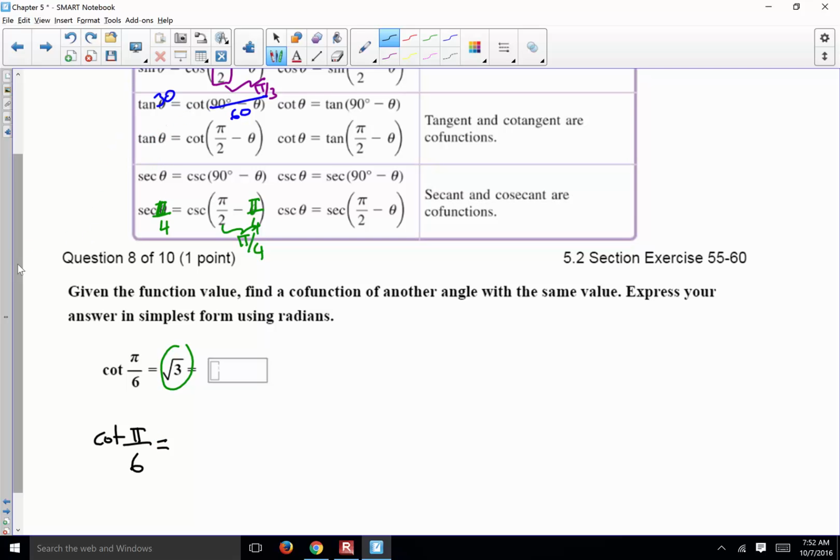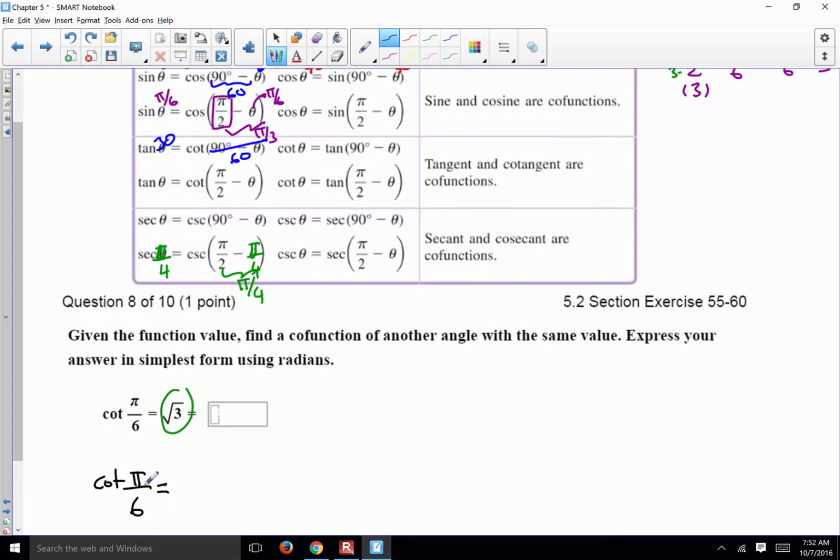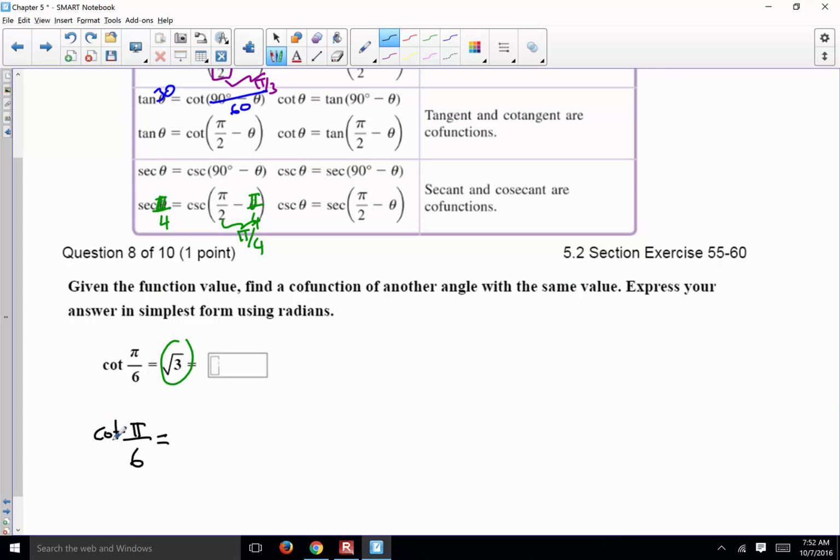Look. Always take its pair. What is the cofunction of cotangent? Tangent. And then take pi over 6 off of what? What do we subtract it from? It's always 90 or pi over 2. Okay? So we compute instead this.